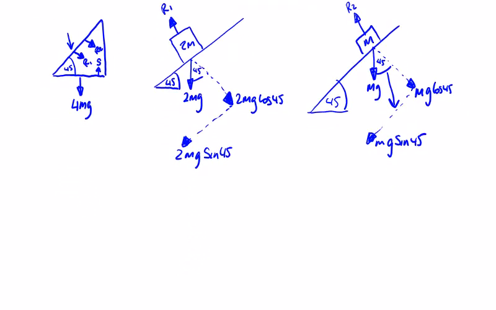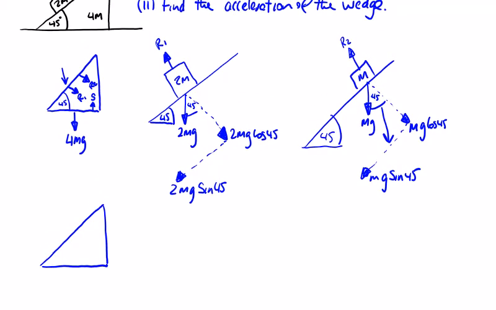So we start with the wedge. We didn't put accelerations in actually in the first one. Now what do we call them? Let's call them P for the wedge and Q for the particle. P and Q. Okay.